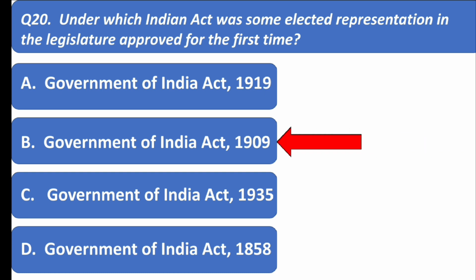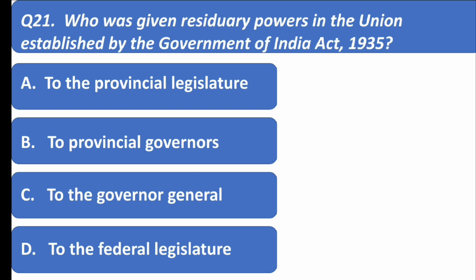Answer is option B. Government of India Act 1909. Who was given residuary powers in the Union established by the Government of India Act 1935? Answer is option C. To the Governor General.